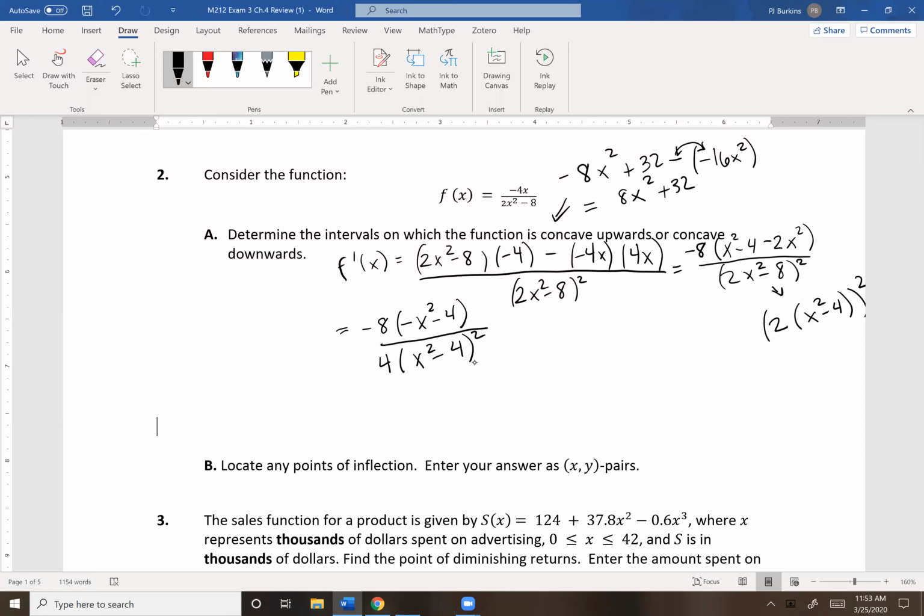Those both have an 8 in common. If I take it out, I get x squared plus 4. No, I have my sign right because I have a negative there, a negative here, a negative here. If I factor out all the negatives and multiply by that one, everything becomes positive. Basically, I could just do that.